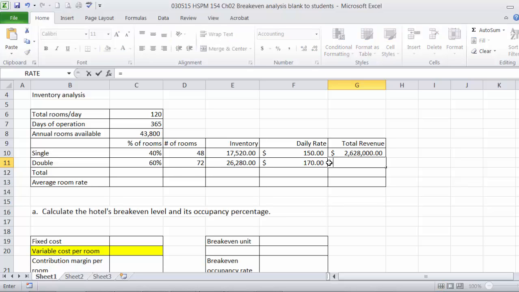Okay, then we do the same for the other. All right. Then what's the total revenue, both rooms? So we add these two together.